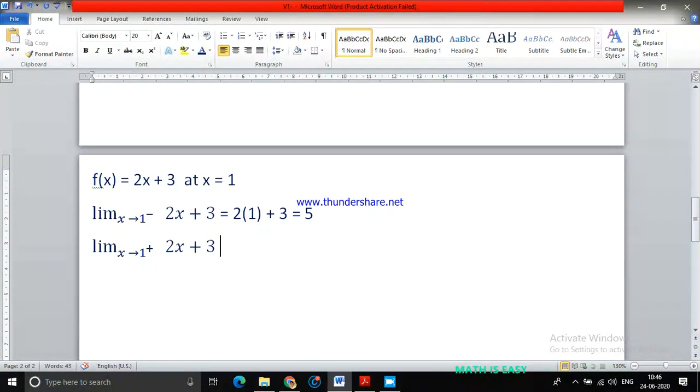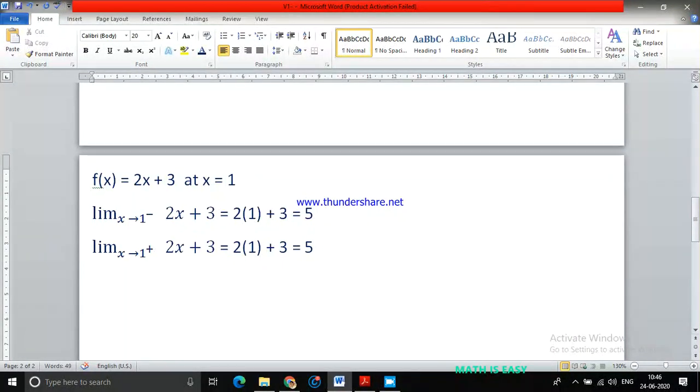Still the function remains the same, so it is 2 times 1 plus 3, which equals 5.